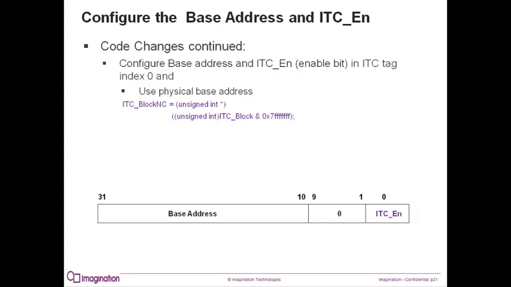But because I declared the ITC block as an array in C, it is given a virtual address in CaseEx0. Since this address in CaseEx0 is mapped to a physical address starting at 0, all I need to do to convert this virtual address to a physical address is strip off the top bit.